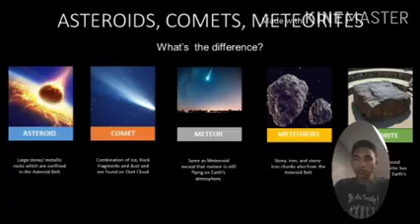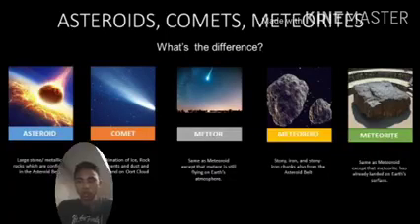They are stony iron chunks, but meteoroids are located in the asteroid belt, while when it reaches the Earth's atmosphere, it is now called a meteor, and when it hits or lands on the Earth's surface, it will be called a meteorite.